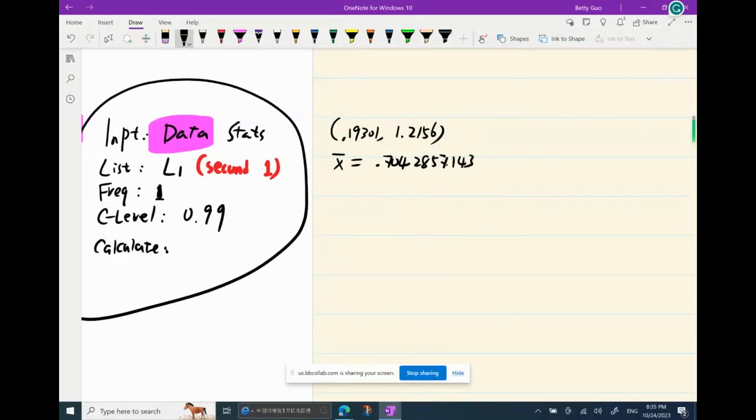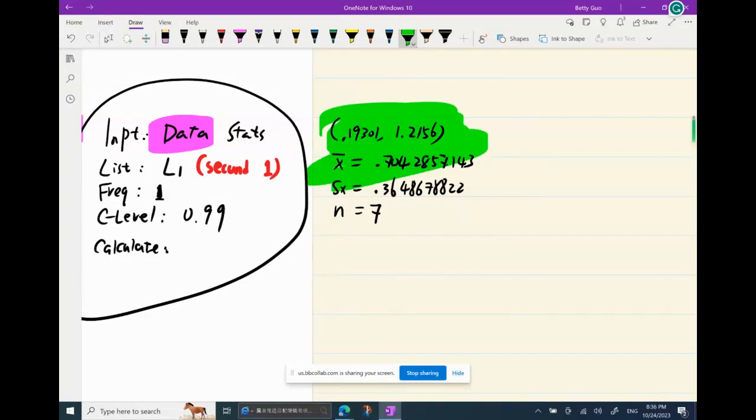And s sub x is 0.36486788 22, and then n equals 7. Okay, I want to make sure that you have exactly the same thing as me. Do you?